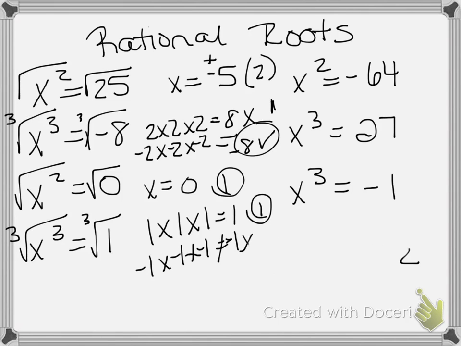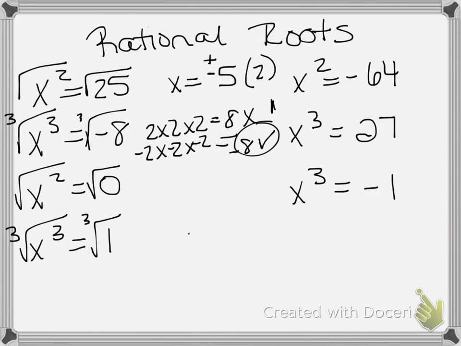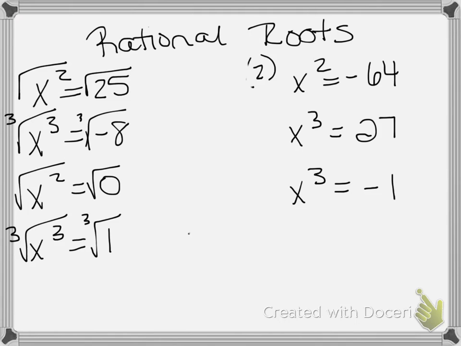Okay, so we're going to continue doing this for the rest of these. I'm giving myself a little room here to work. So take a minute and think about, what do you think? How many rational roots does this have? Okay, so I'm going to take the square root of this.